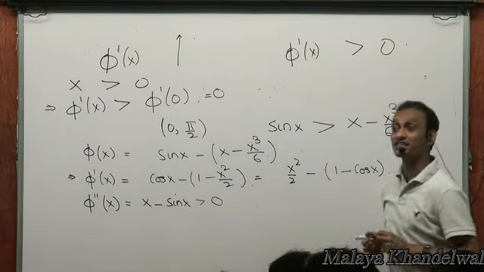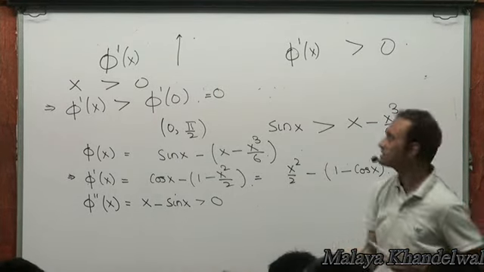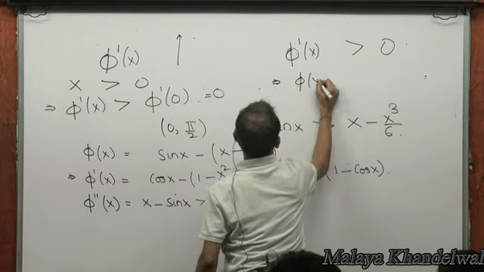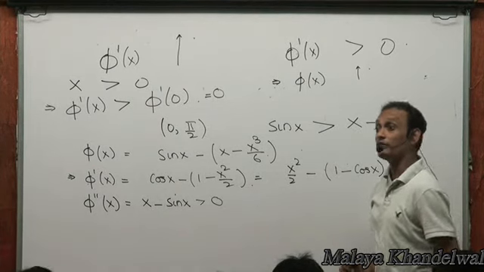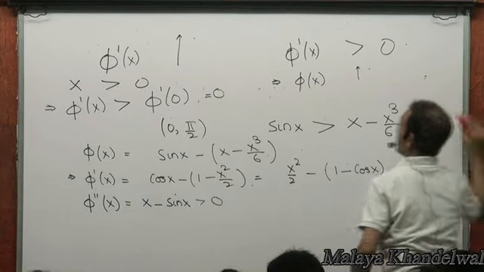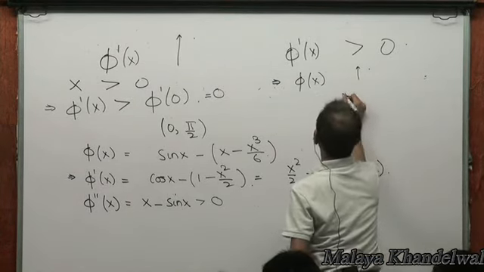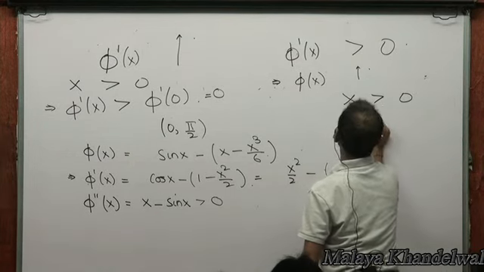If phi dashed x is greater than 0, phi x must be an increasing function of x. And if phi x is an increasing function of x, then for x greater than 0, phi x will be greater than phi 0.